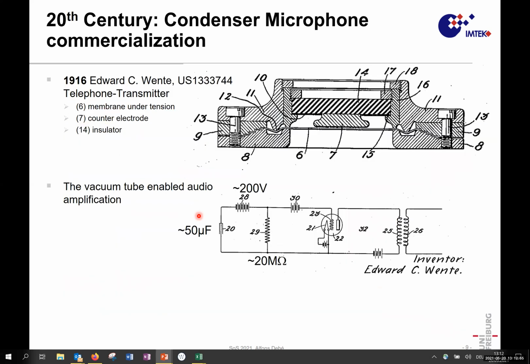And finally, some 20, 30 years later, we have an invention of Mr. Wente, and he invented a capacitive microphone. If you look at the device, it's just a cross-section of his patent. He has a metallic cylinder, which is supported by a glass device, so insulated.